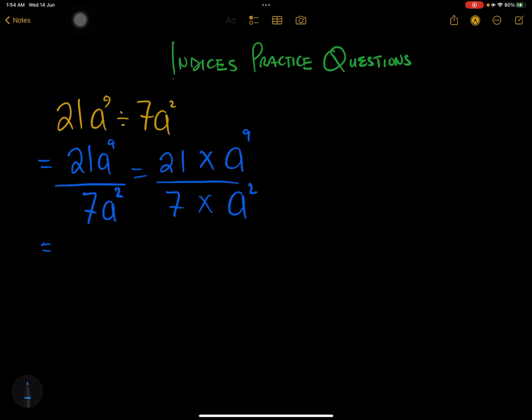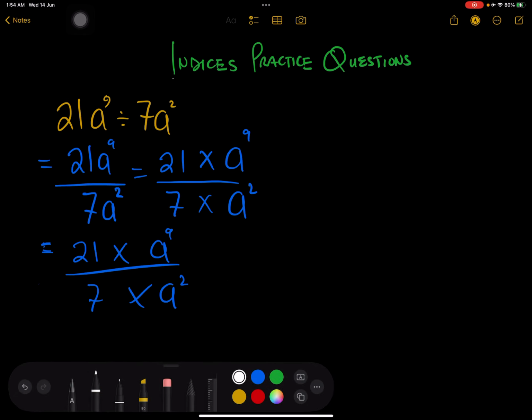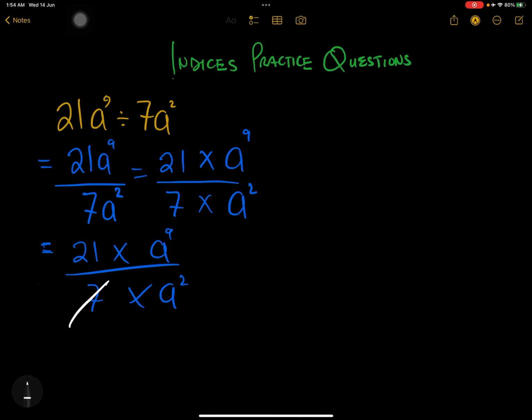Now, you can see that this 7 has a common factor with the 21. So 7 will go into itself 1 time, and it will go into 21 3 times. And then we're going to have 3 times a to the power of 9 divided by 1 times a to the power of 2.